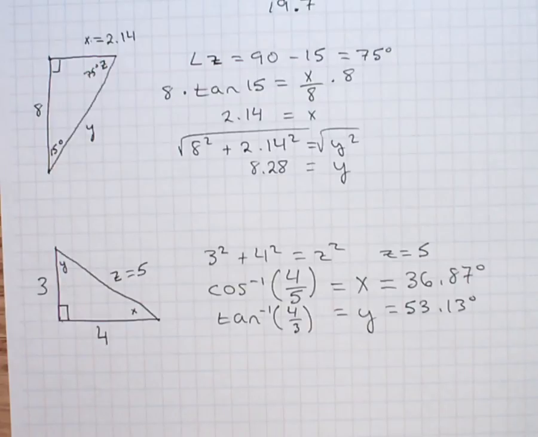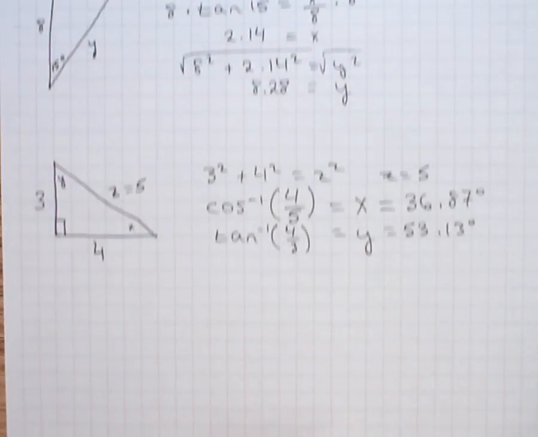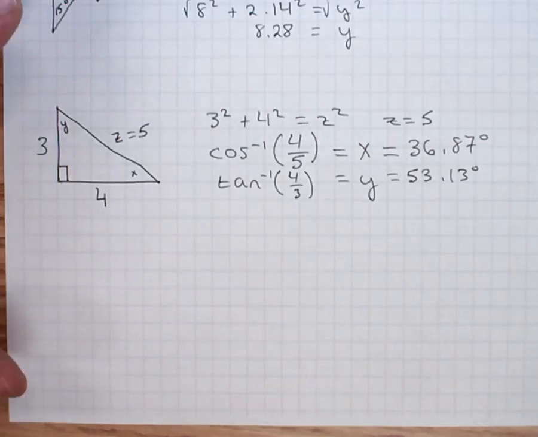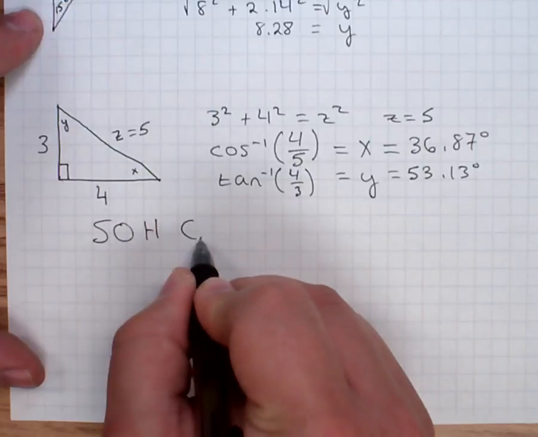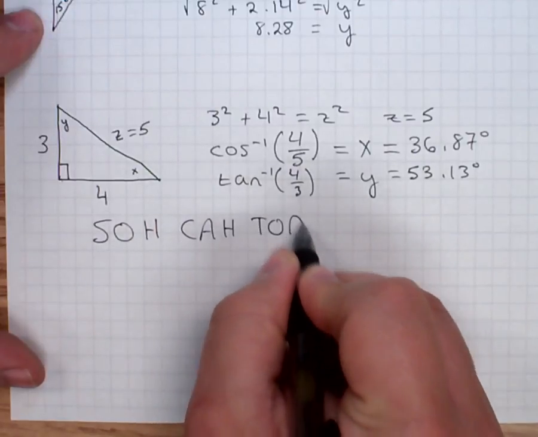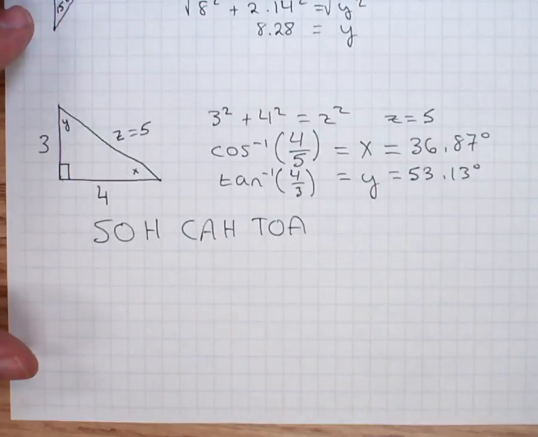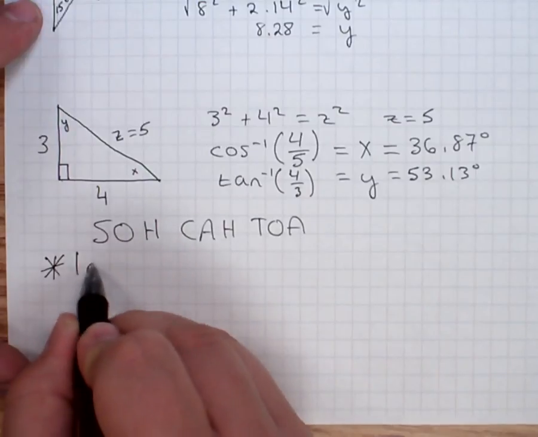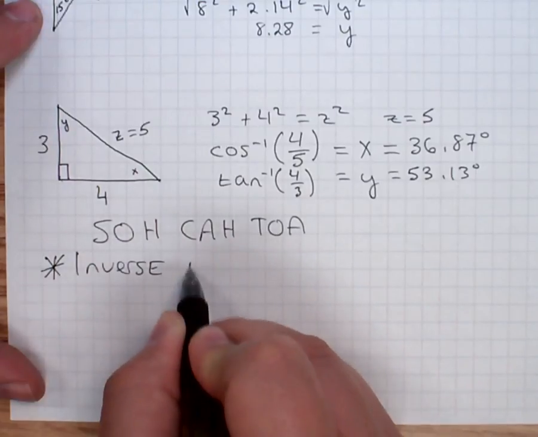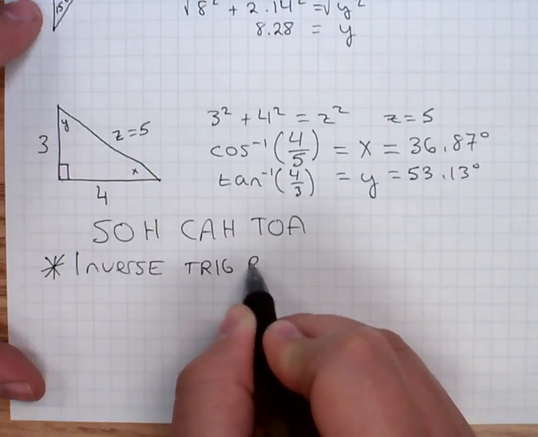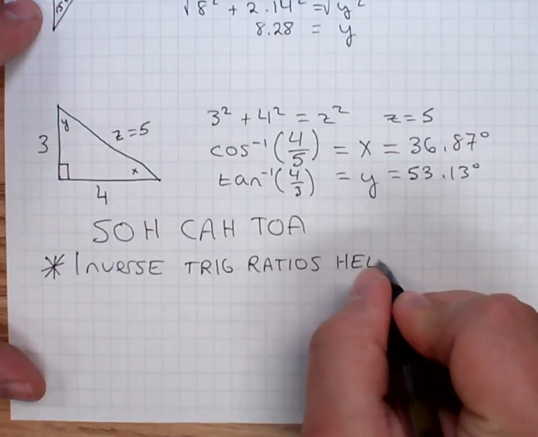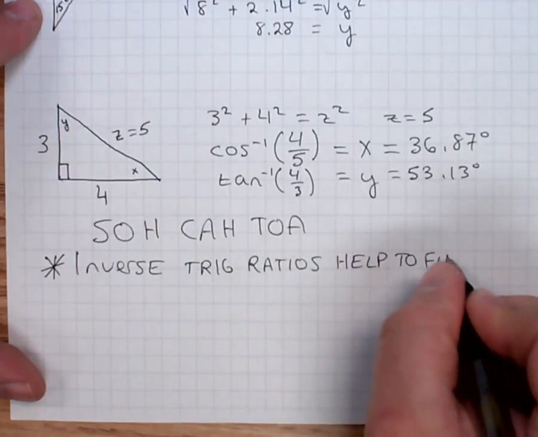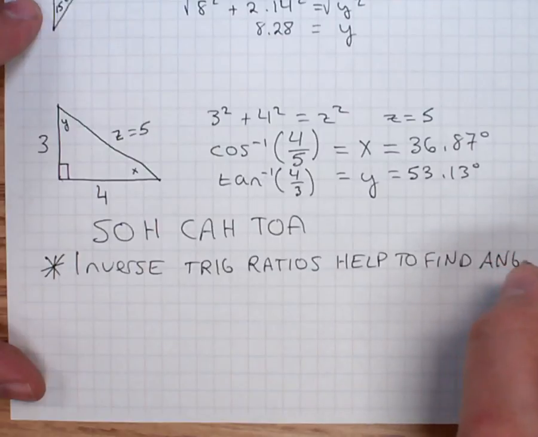Okay. Here's the things you have to remember. So if you want a short notes session here, make sure that you know the mnemonics, so SOH CAH TOA. Okay. Make sure you remember that inverse trig ratios help to find angle measures.